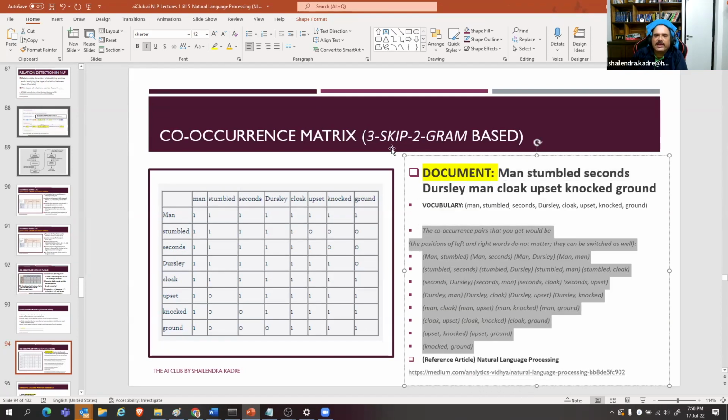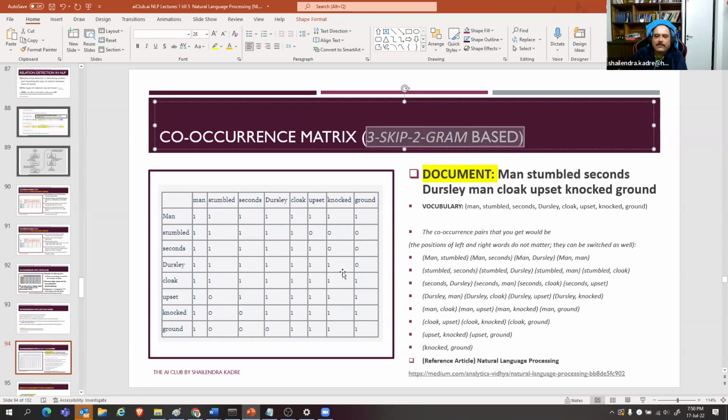So this is called 3 skip 2 gram based, and its usage will be clear to you in the next class. This is a very useful thing, but right now you understand only the concept. So this is how the skip gram based co-occurrence matrix works. 3 skip means a maximum of 3 words can be in between 2 words; the minimum can be 1, 2, 3.